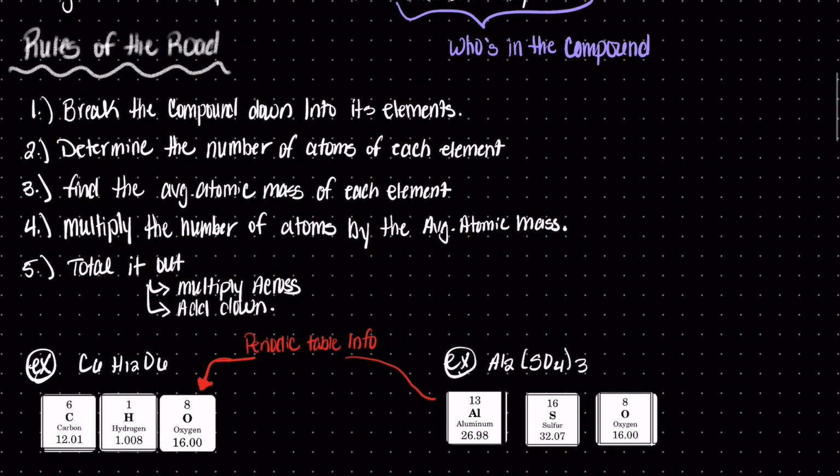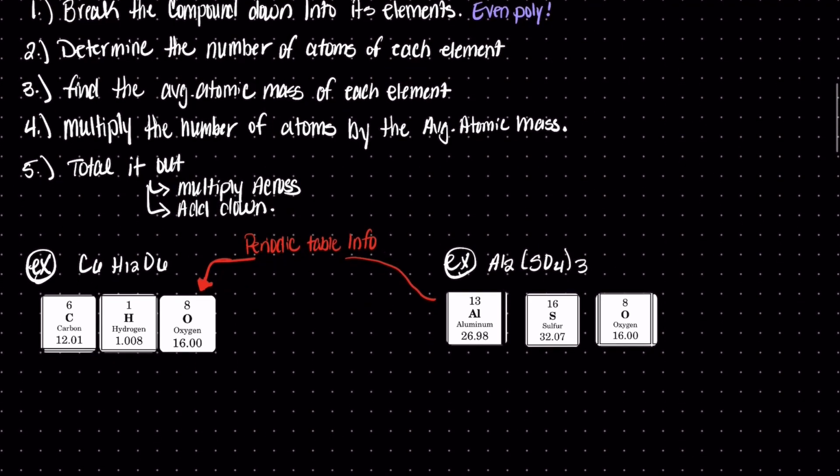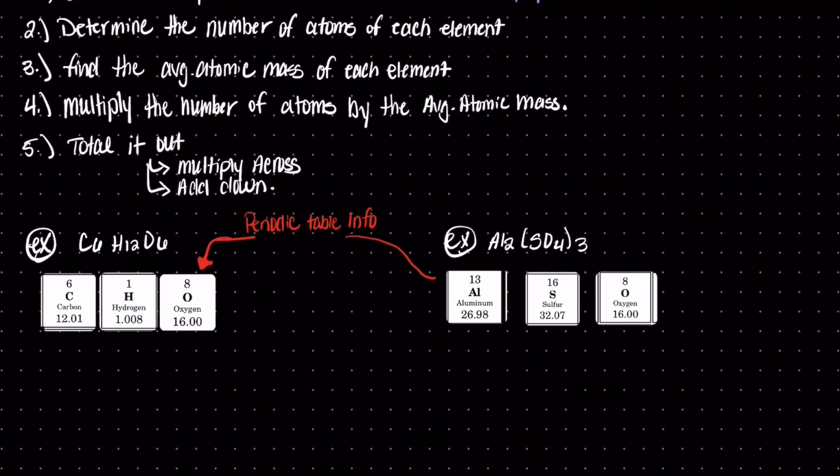So the rules of the road are: number 1, you break up the compound into its elements, even polyatomics. Number 2, you determine the number of atoms in each element. And step 3, find the average atomic mass of each element.